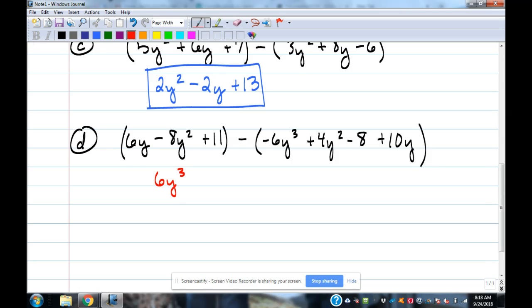So we have negative 8y squared minus 4y squared, negative 12y squared. And then we go to plain y. 6y minus 10y, negative 4y. Then regular numbers, 11 minus negative 8, 19.